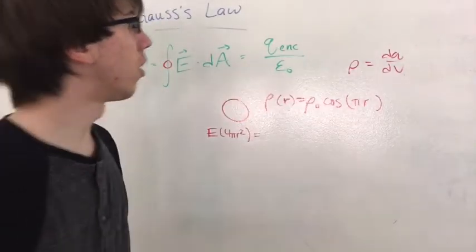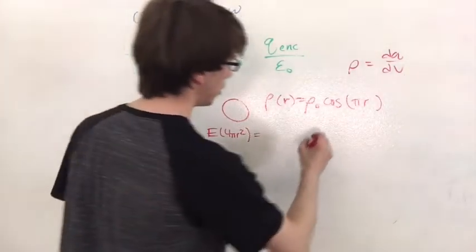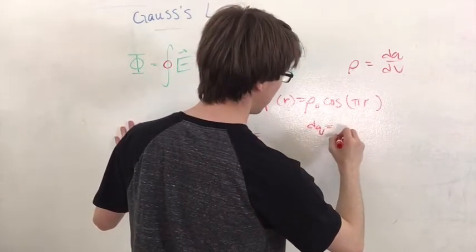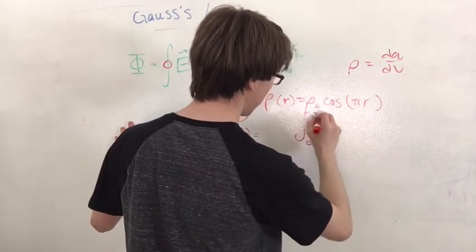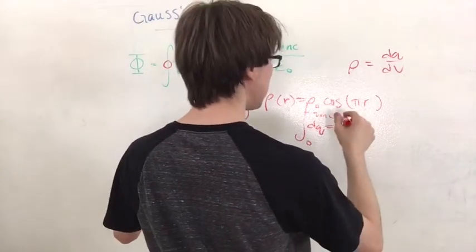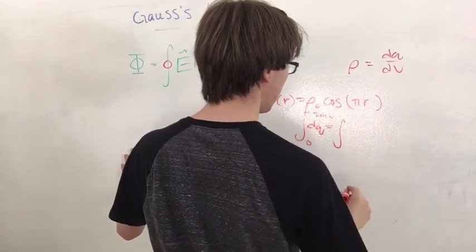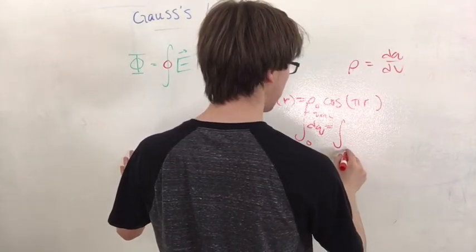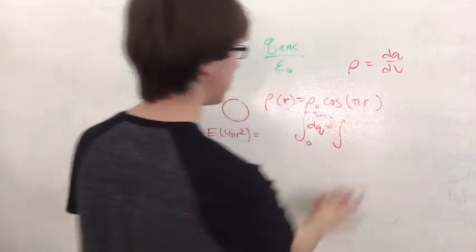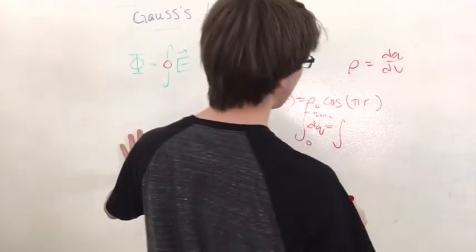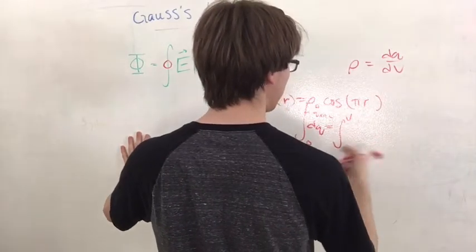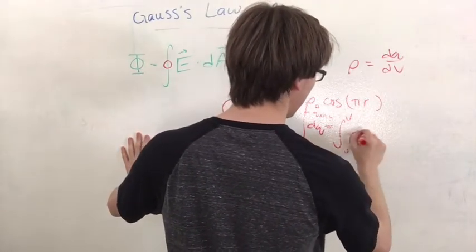So, let's solve for Q. We know dq is equal to rho dv, the integral from 0 to Q enclosed of dq is equal to the integral from 0 to v of rho dv.